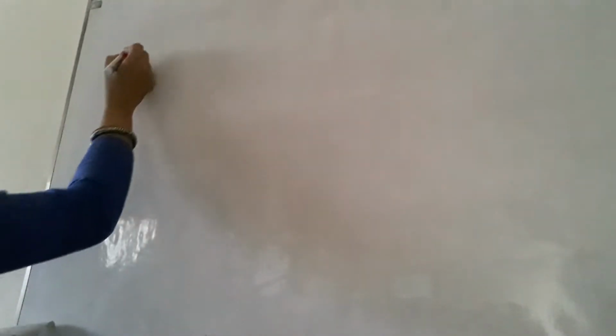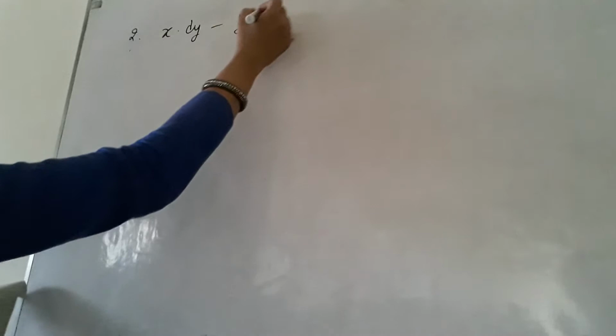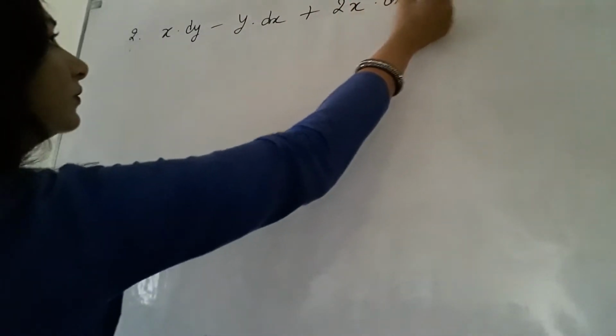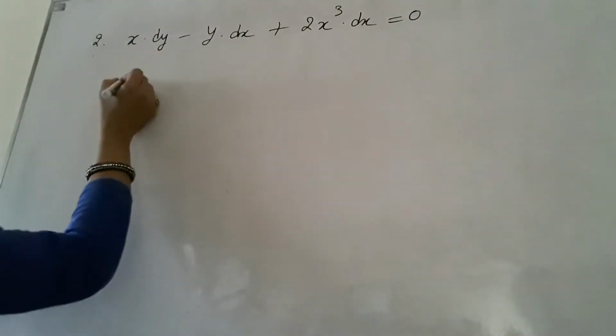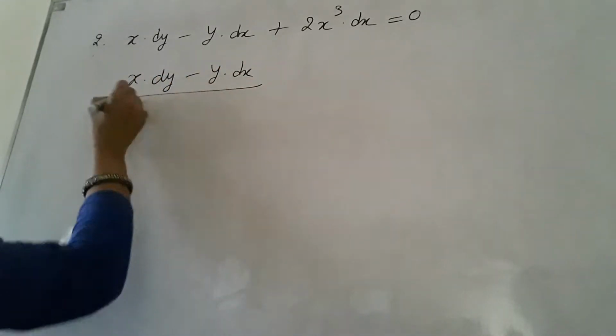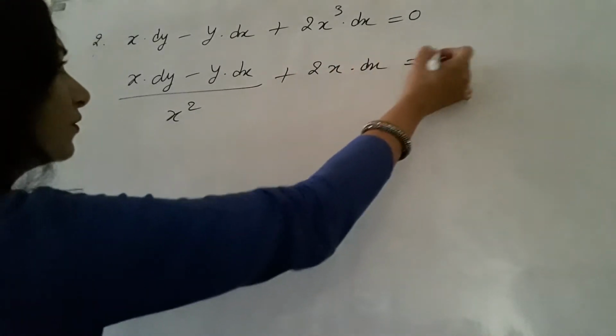Now, our second question is now dividing this equation by x square, we get x dy minus y dx upon x square plus 2x into dx is equal to 0.